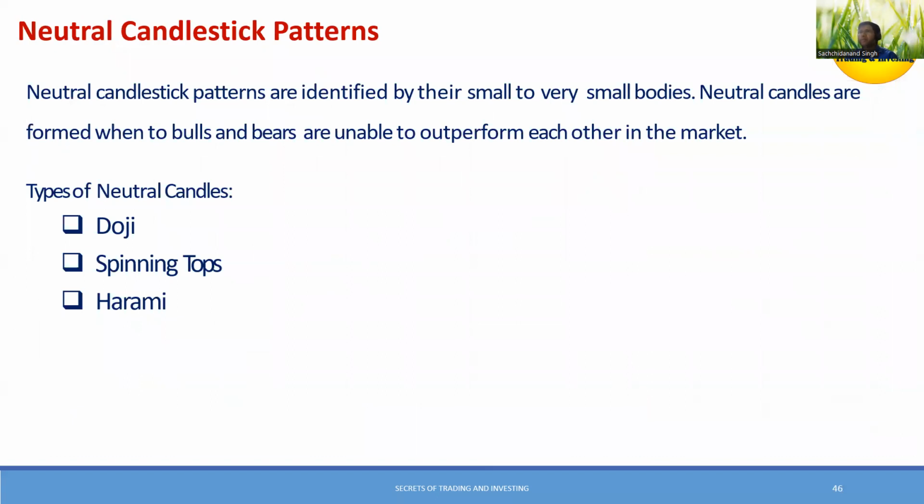Okay. So the next one: we have learned the bullish candlestick pattern, the bearish candlestick pattern, and the third type is called the neutral candlestick pattern. Normally these candles are small with the body, and small with wicks also, sometimes longer wicks, but typically the bodies of these candles are small.